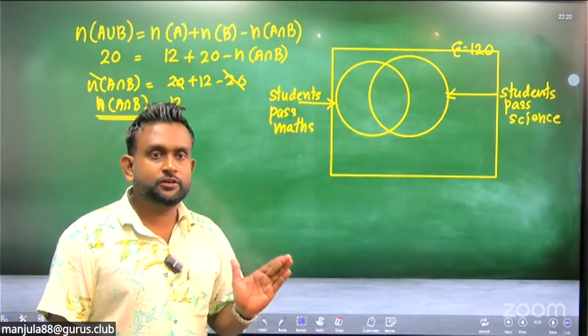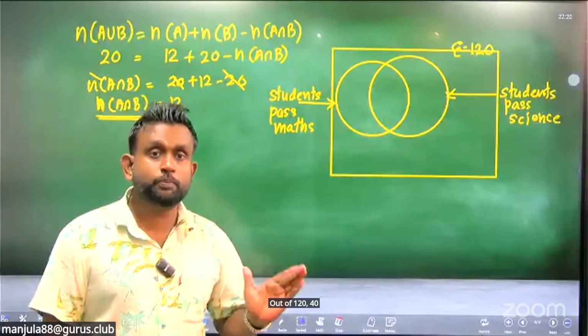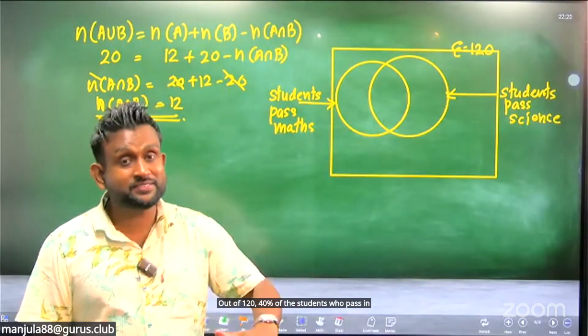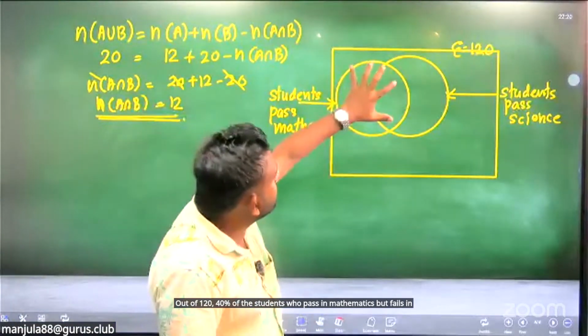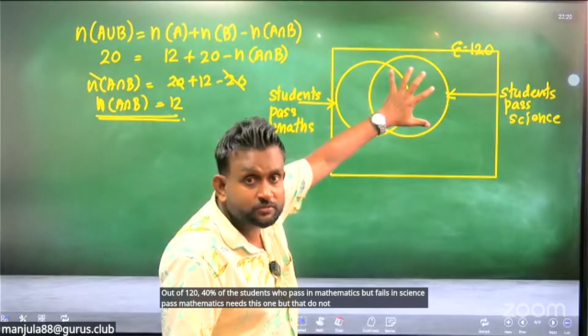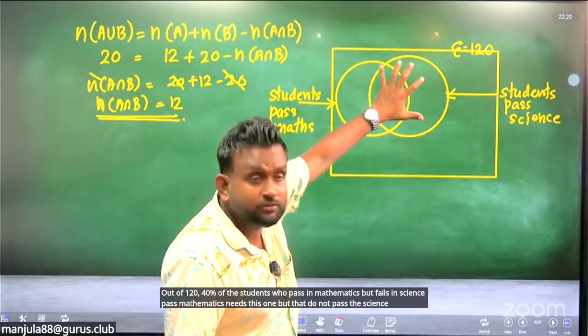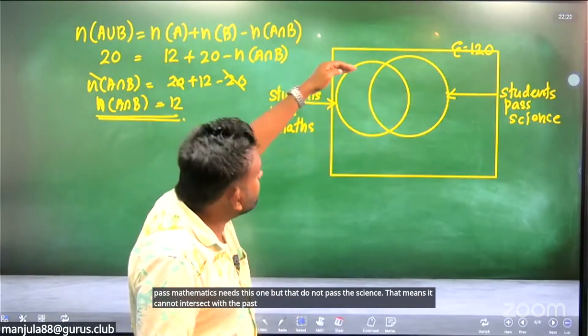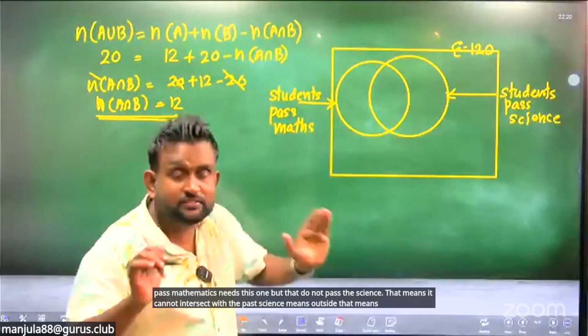Out of 120 students, 40% pass mathematics but fail science. Pass mathematics is this set, but they do not pass science, which means outside the pass science set. That means only the pass maths region.